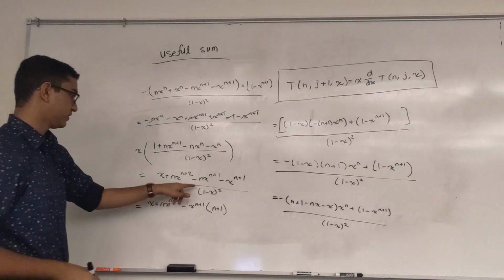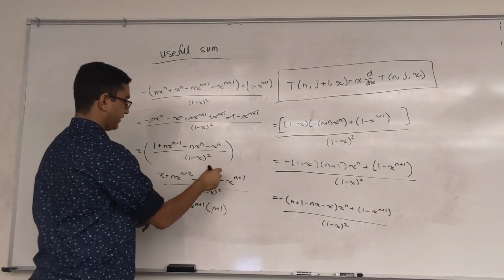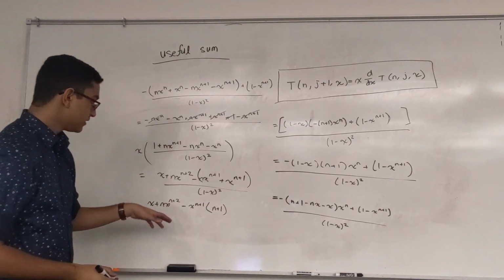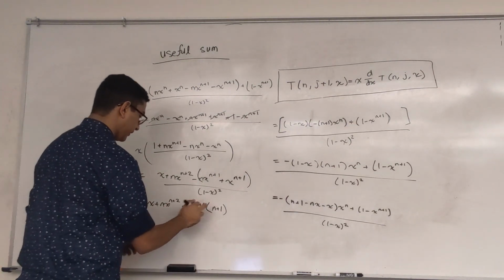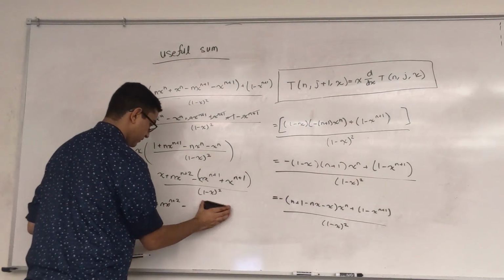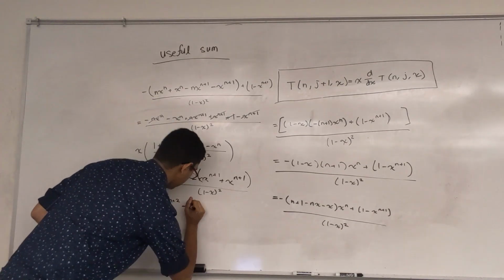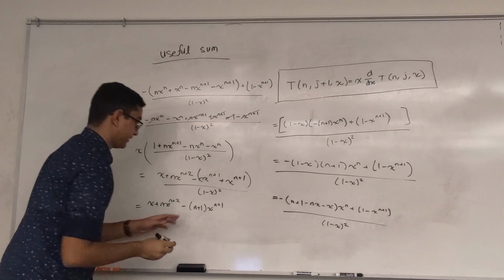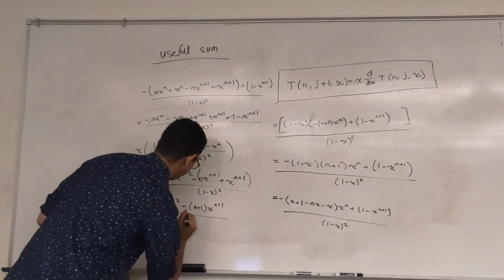And we're doing n plus 1 because if we're distributing the negative sign, this is the same thing as having that, if that makes sense. So then that's the numerator, and we can swap this around, like so, and then we just divide that by 1 minus x squared.